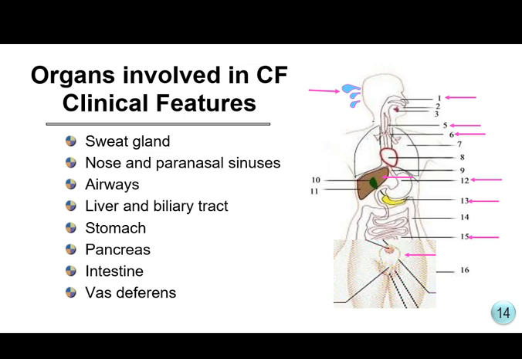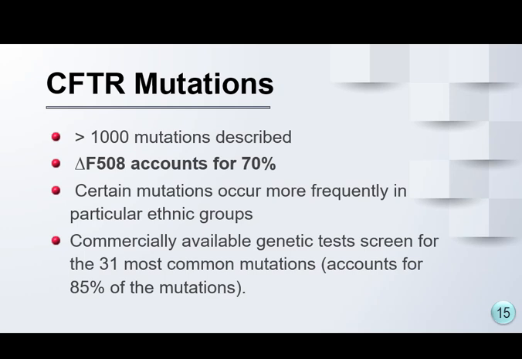So I will go through each: if a mutation is found in each one of the organs, what will happen to this organ, okay? The major mutation, there are more than 1,000 mutations discovered. Several biotechnology companies in the United States have a DNA chip for screening CFTR mutation because it's a very common inherited disease in Caucasians.